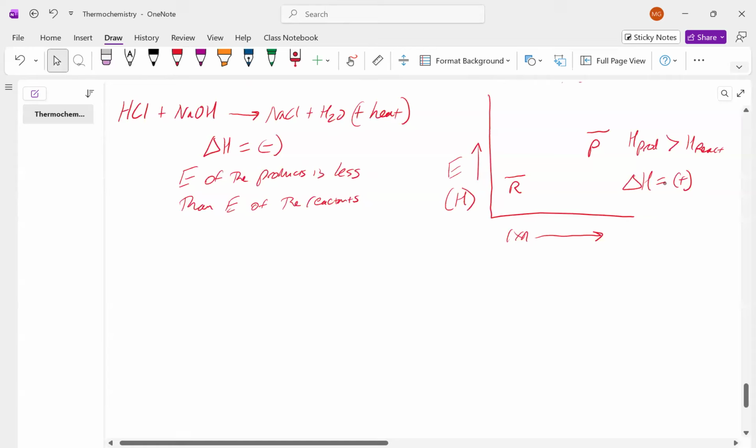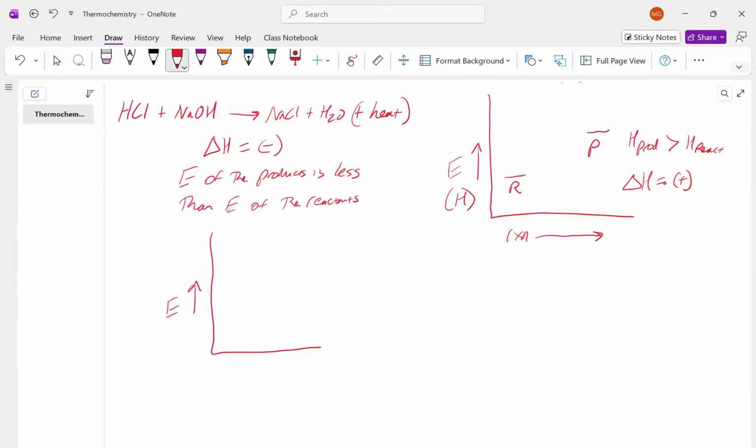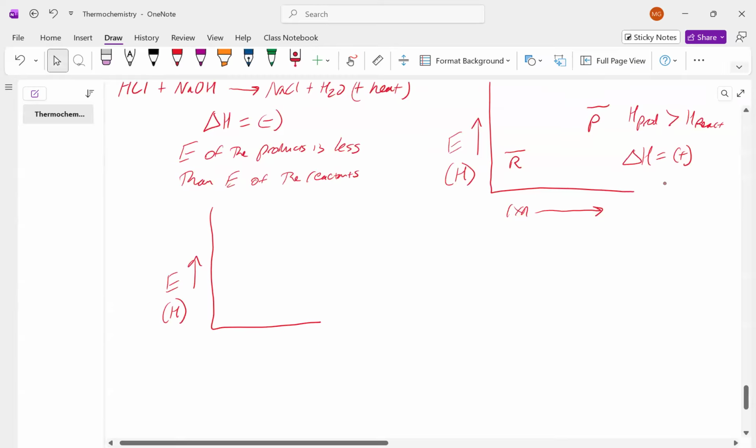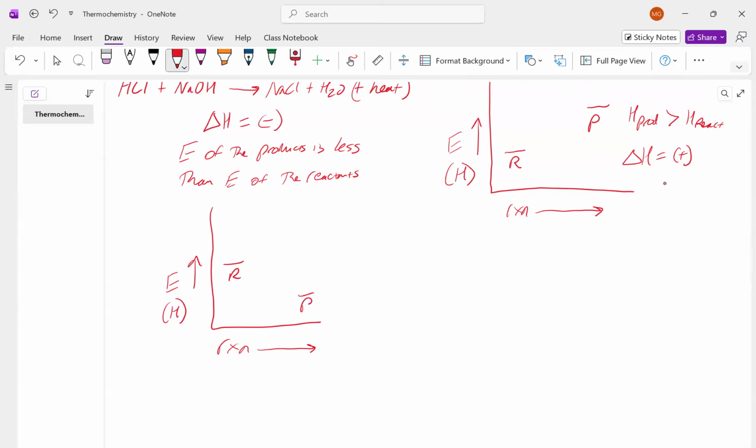If we draw a reaction coordinate for this, again, same axes, we're going to look at energy as enthalpy here, and the reaction progress on the x-axis. Our reactants have a higher energy than the products. So the enthalpy of the products is less than the enthalpy of the reactants, and delta H is negative.